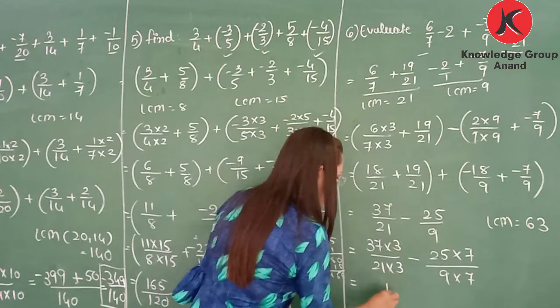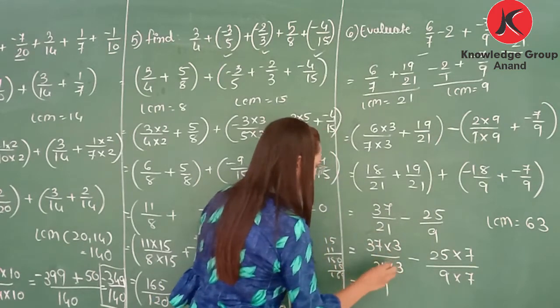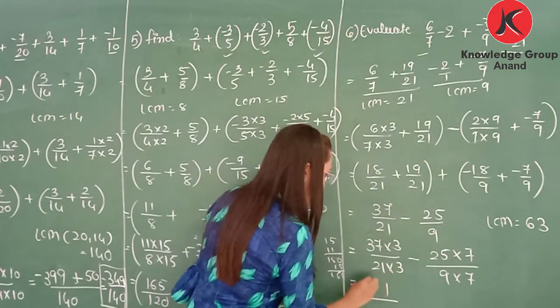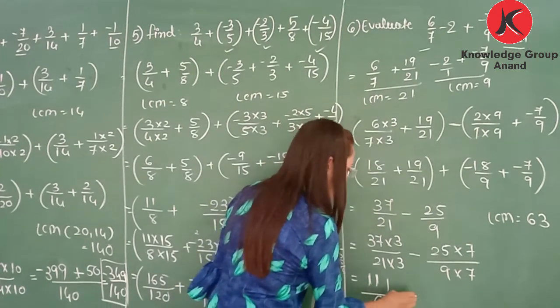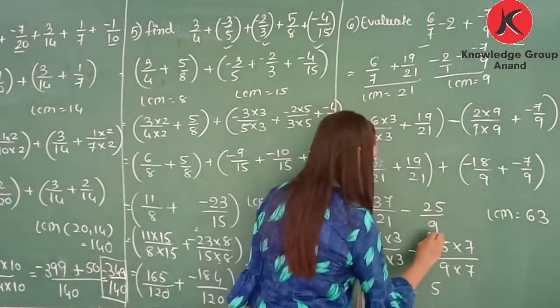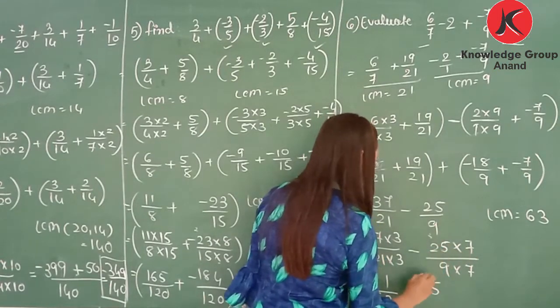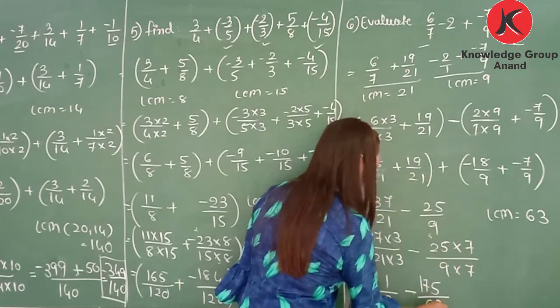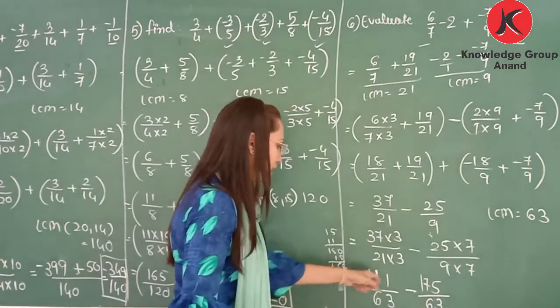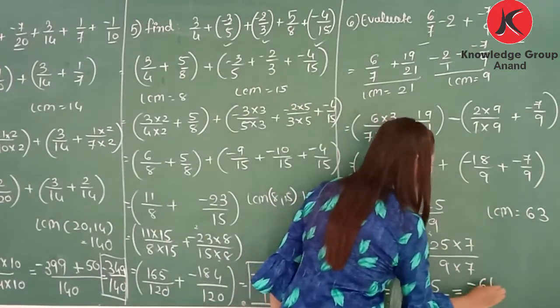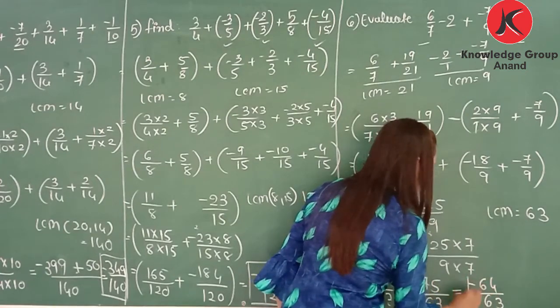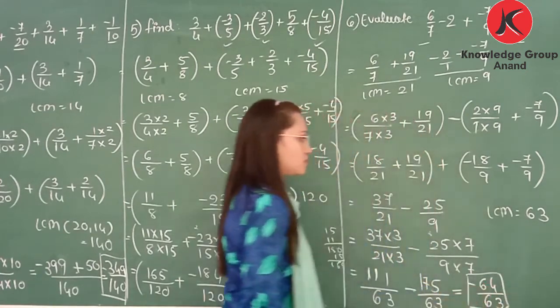Now 37 multiplied by 3, that is 111 by 63 minus 175 by 63. Now 111 minus 175 will give minus 64 by 63. So this will be the answer.